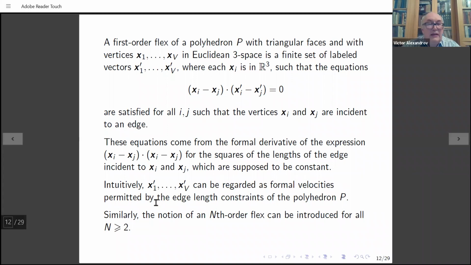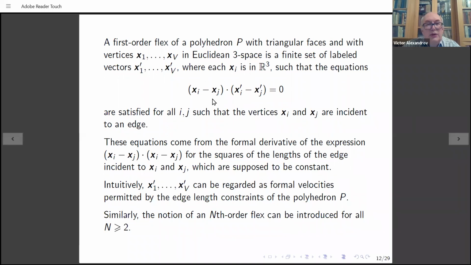Intuitively, these vectors x prime 1, etc., x prime v can be regarded as formal velocities permitted by the edge length constraints of the polyhedron P. In fact, similarly, the notion of an nth order flex can be introduced for all n greater or equal than 2.